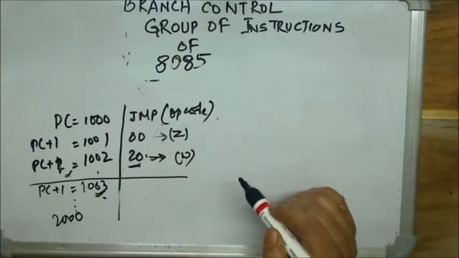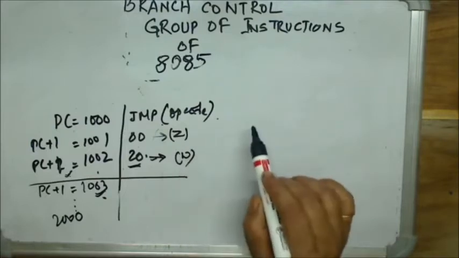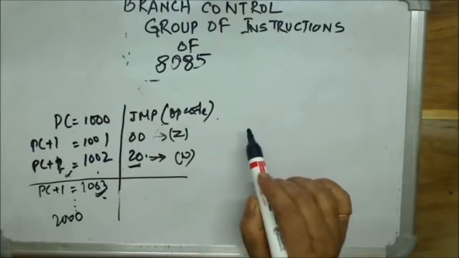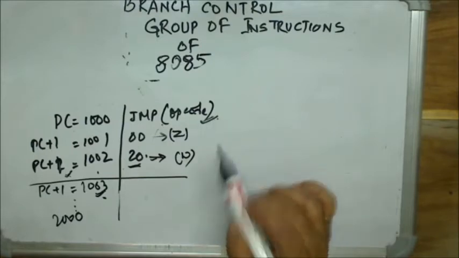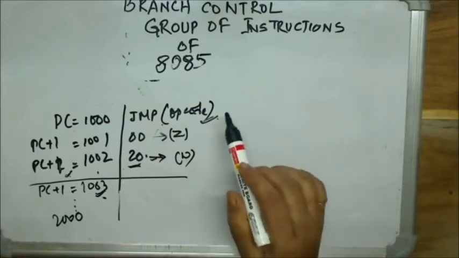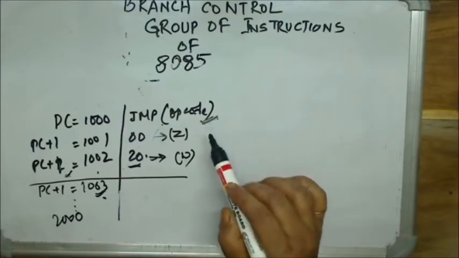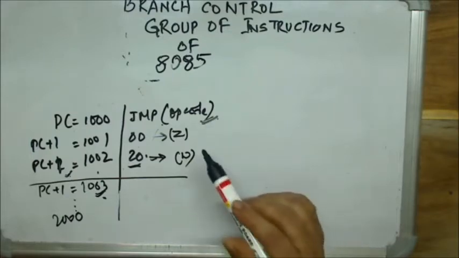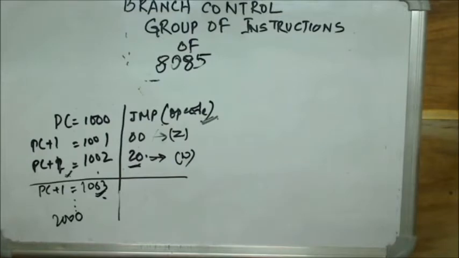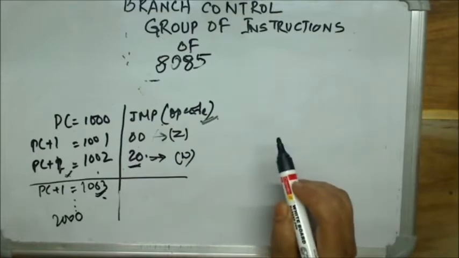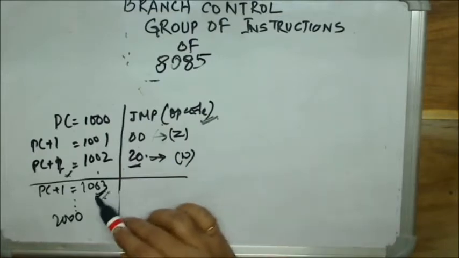Not execution. Fetching and decoding is done when the first byte, the opcode, was fetched. So when fetching and decoding is over, execution is not over. Between fetching, decoding and execution, the program counter is 1003.